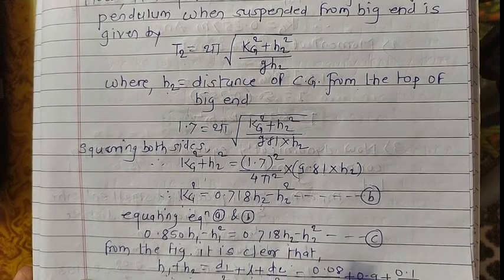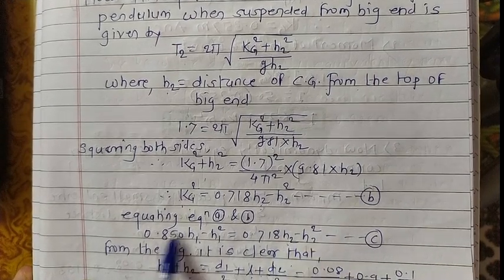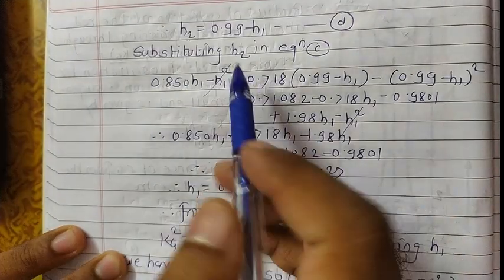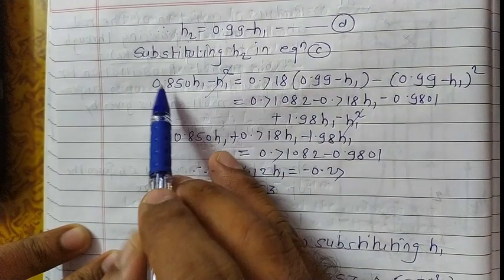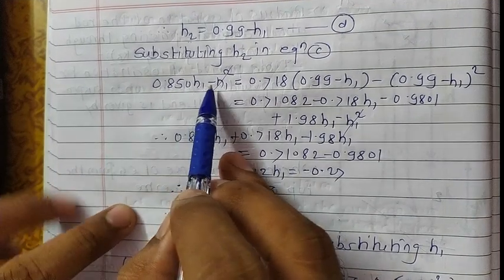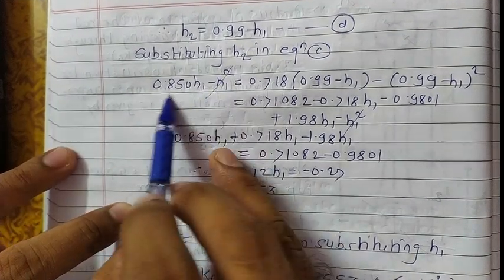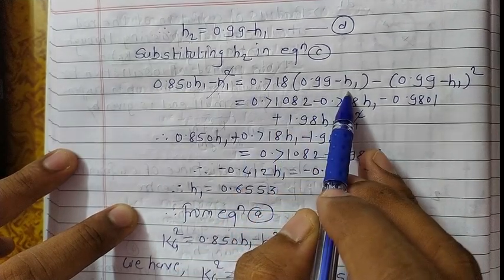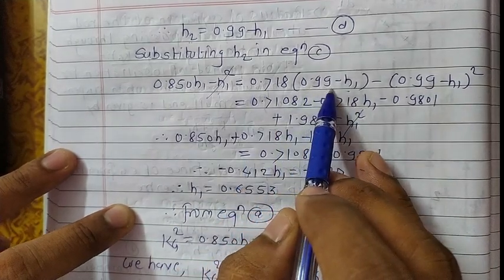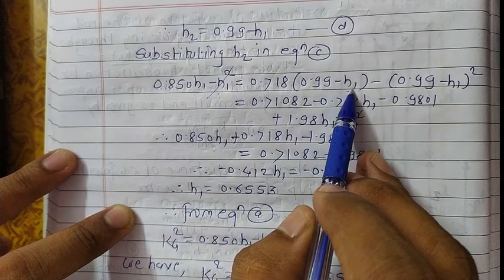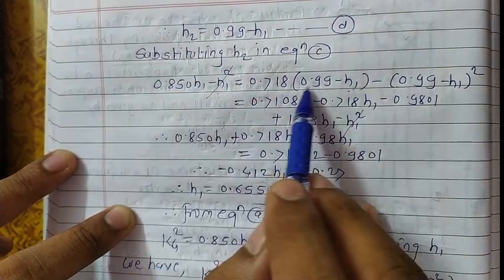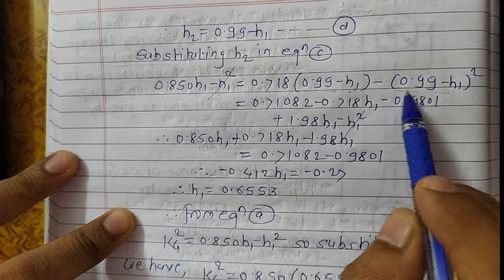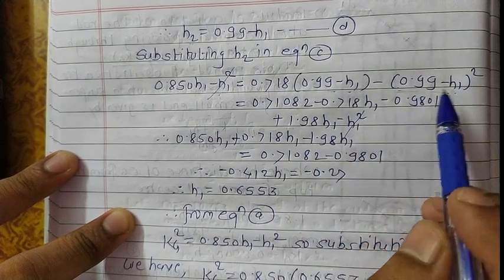Just substitute the value of H2 here and get this relation only in terms of H1. On the left side, 0.850 H1 minus H1 square remains as it is. On the right side, replace the H2 term by 0.99 minus H1, in place of H2, and again in the square term. Now just simplify this one.